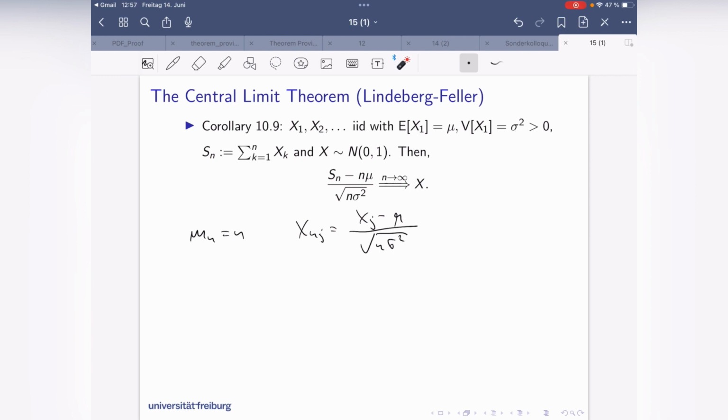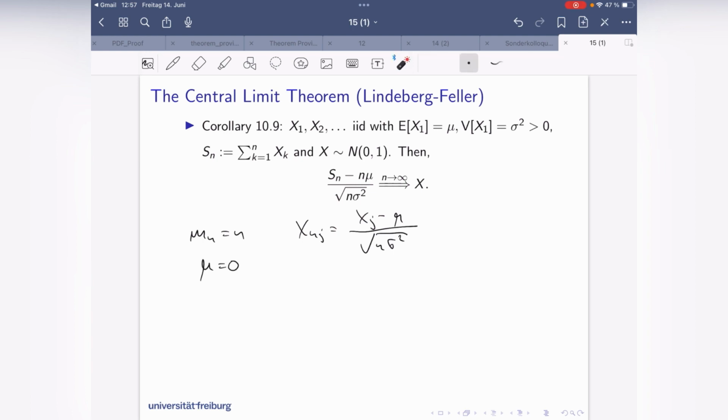And I claim that these X_nj's now fulfill the Lindeberg condition. Okay, of course, the expectation of an X_nj, that's the expectation of the numerator, which is 0 by construction. So the mu equals 0.